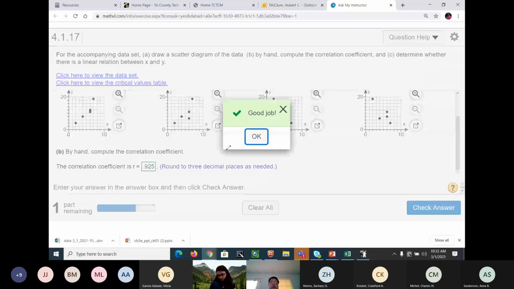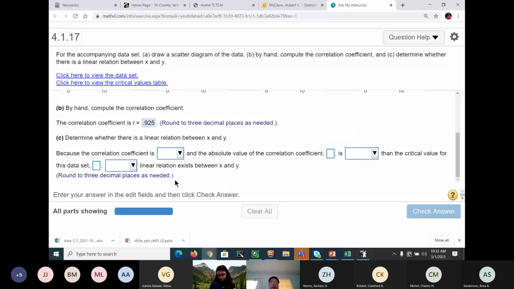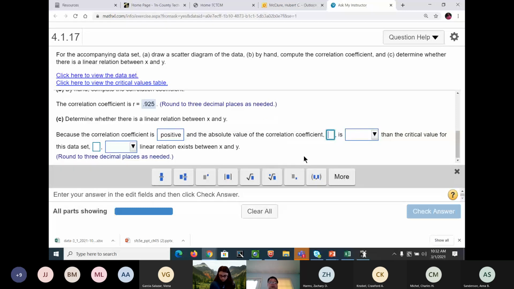And that means that we're doing good because the correlation coefficient is positive and the absolute value of the correlation coefficient, 0.925, is greater than the critical value of, what was it, 0.878?